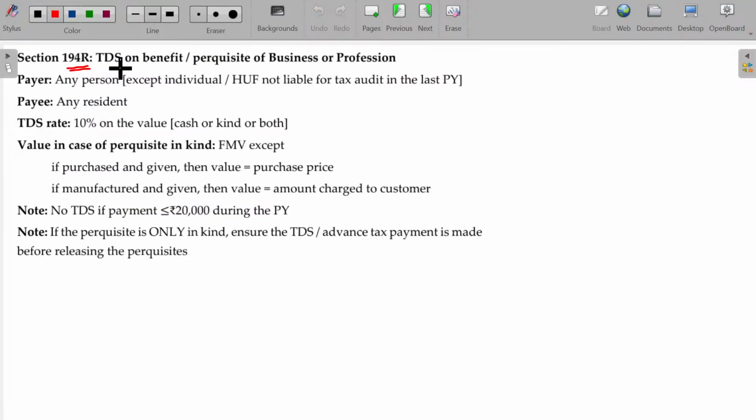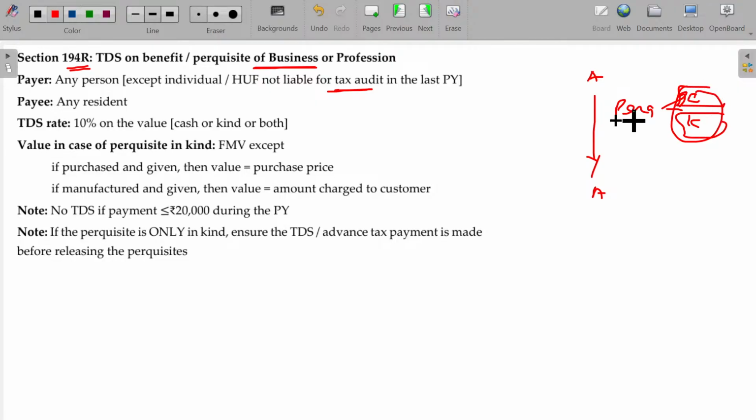Right. Now, perquisites of business or profession. Also, tax audit is not required for any person. The payment may be perquisites. The perquisites may be in cash or kind or both. In that case, the fair market value of the kind perquisites will be taken.